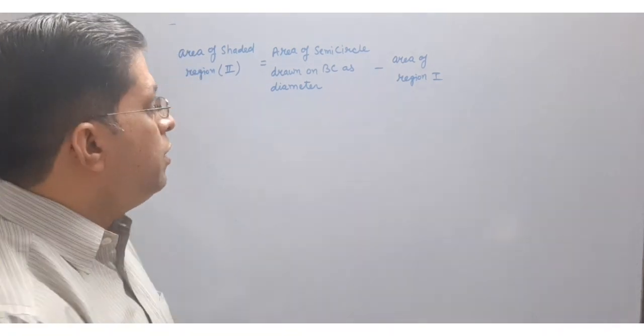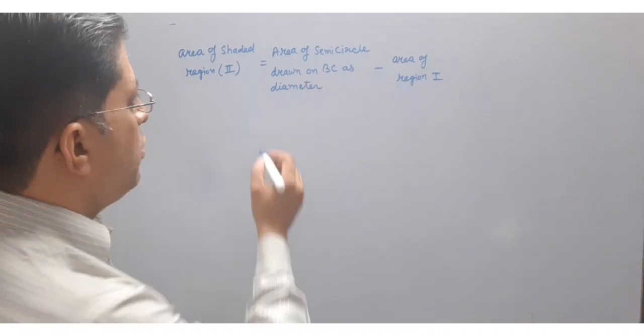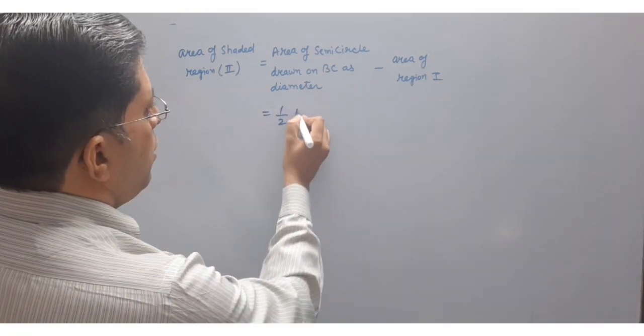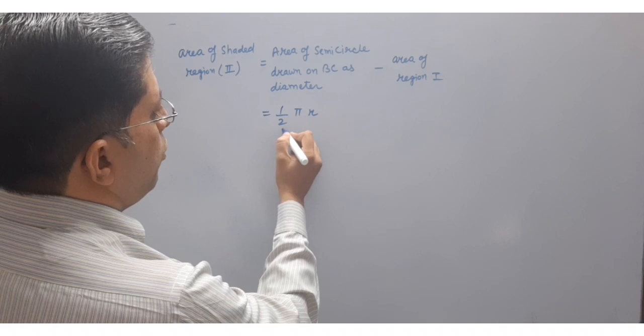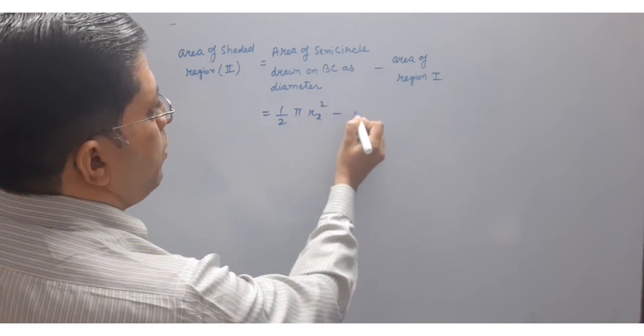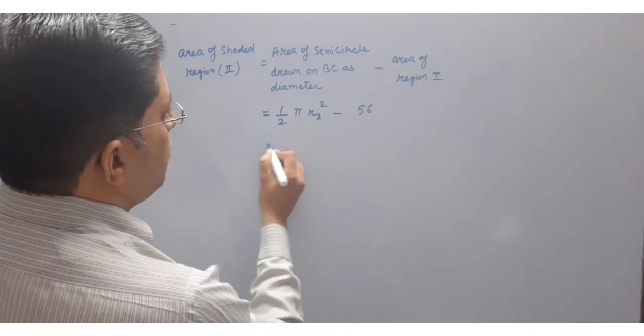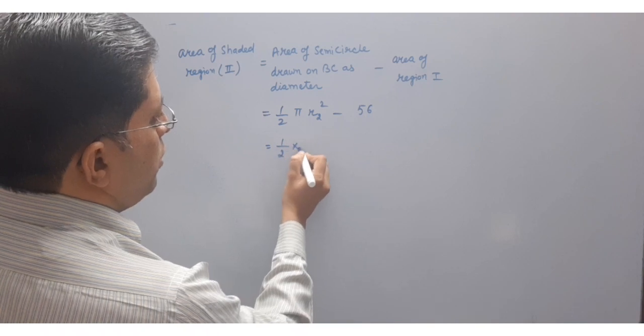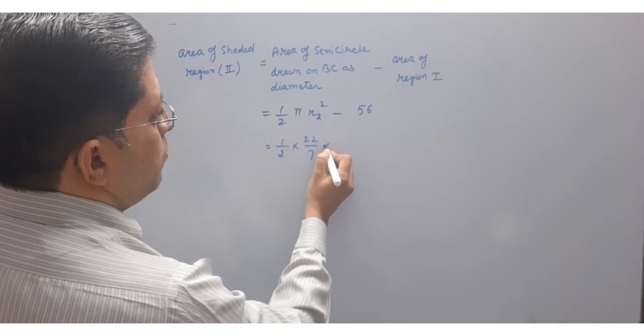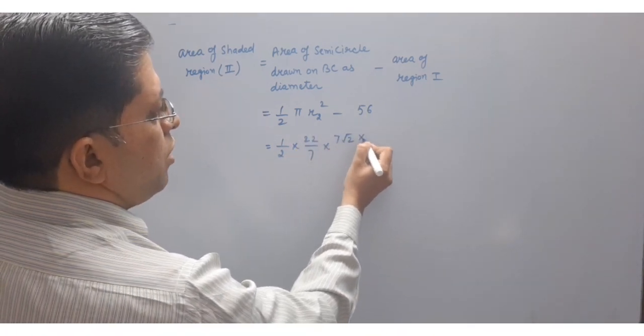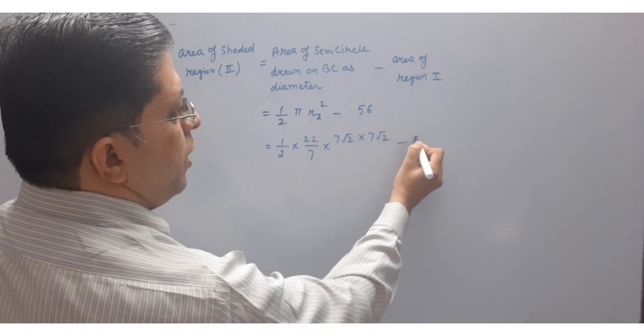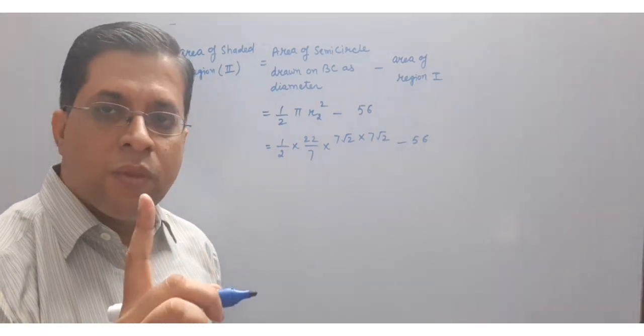So what to do here? Area of semicircle, that is 1 upon 2 pi r2 square minus 56. So 1 upon 2 is here, 22 upon 7, this is 7 root 2 into 7 root 2 minus 56, isn't it?